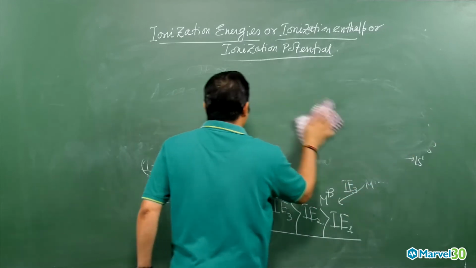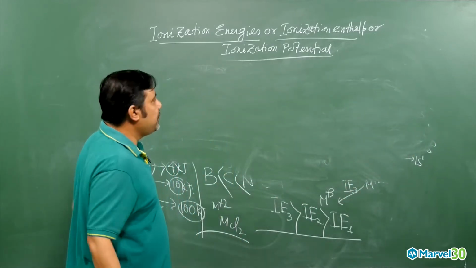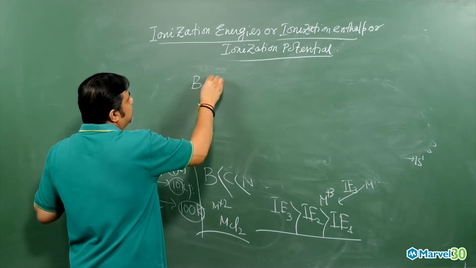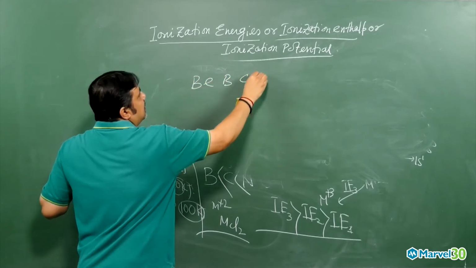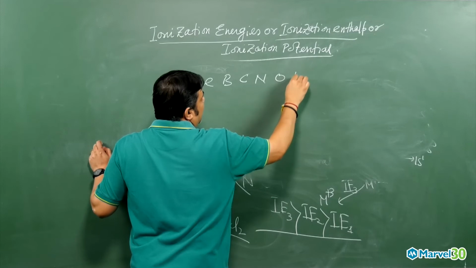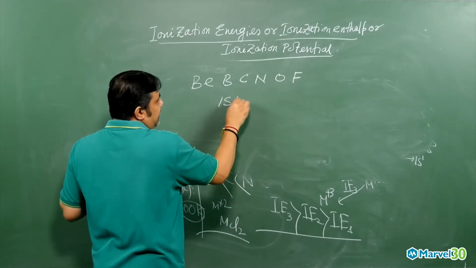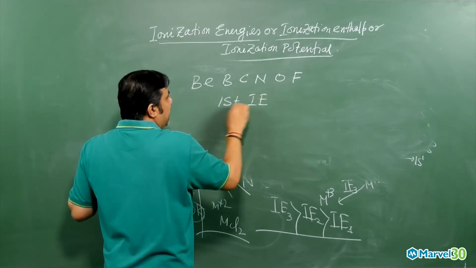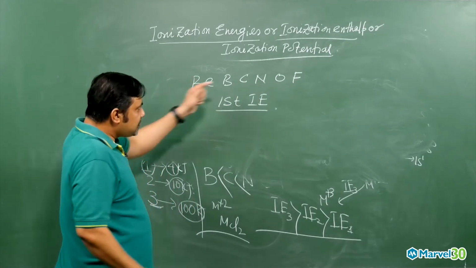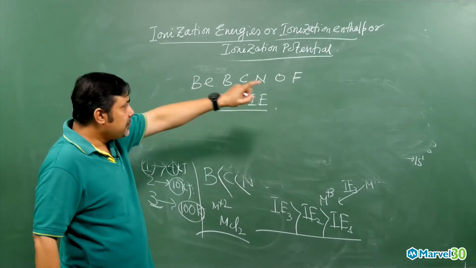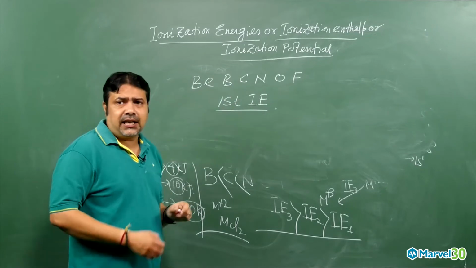Like the first ionization energy. I am going to discuss beryllium, boron, carbon, nitrogen, oxygen and fluorine. They are asking what will be the trend of first ionization energy. According to our logic, if I go left to right, effective nuclear charge will increase.